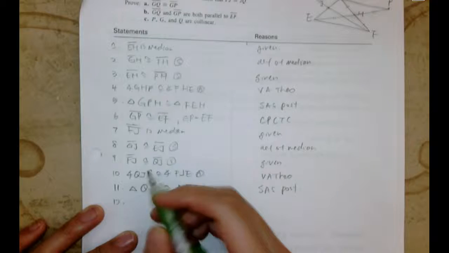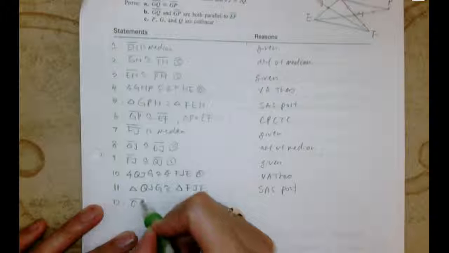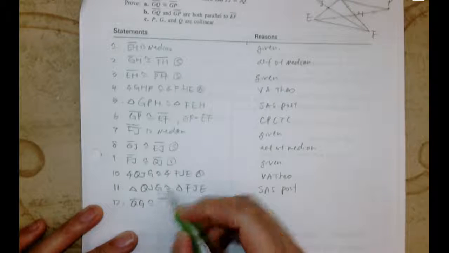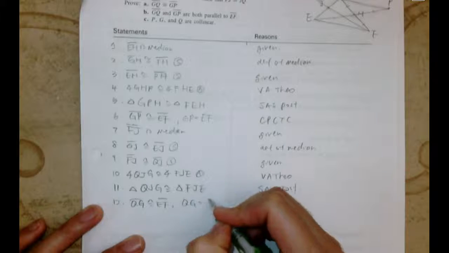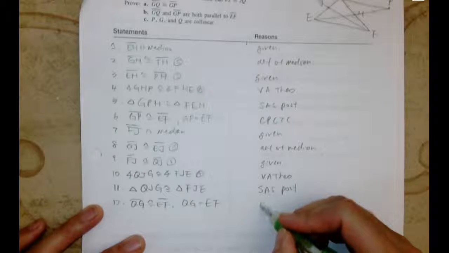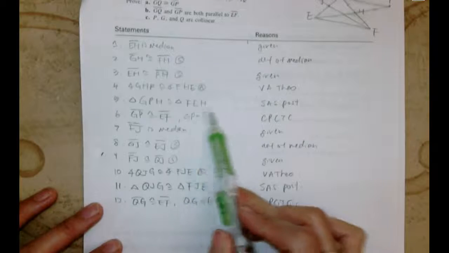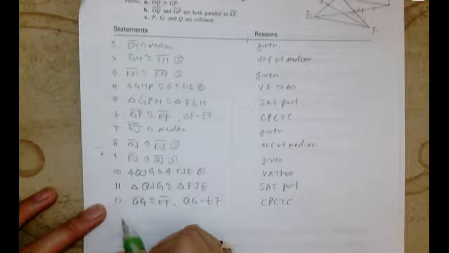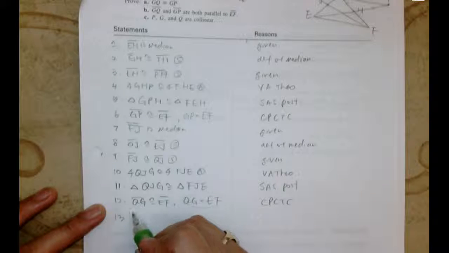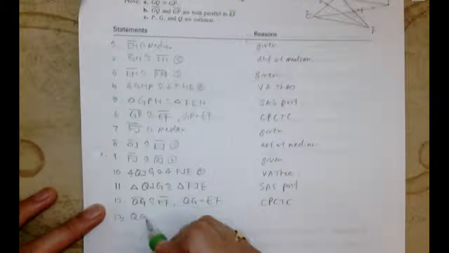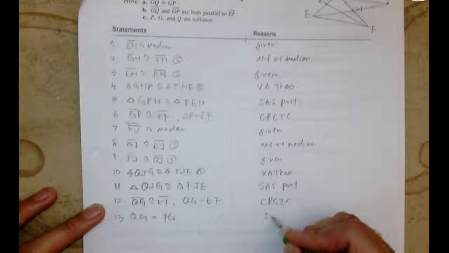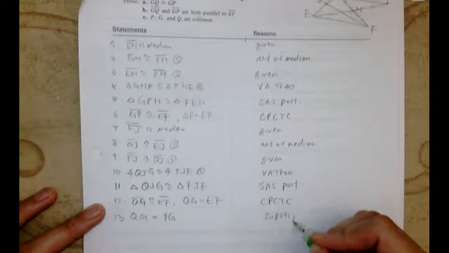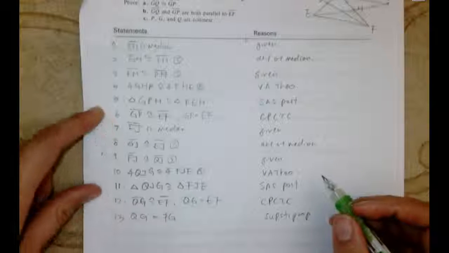So 12, QG is congruent to EF, QG equals EF, and that's CPCTC. And GP equals EF and QG equals EF. You can do substitution, so QG equals PG, by the substitution property of 6 and 12.